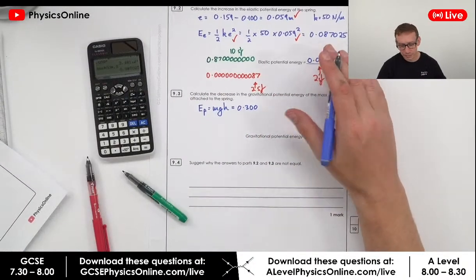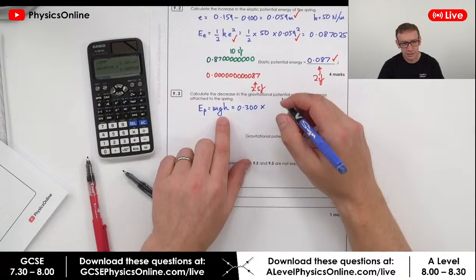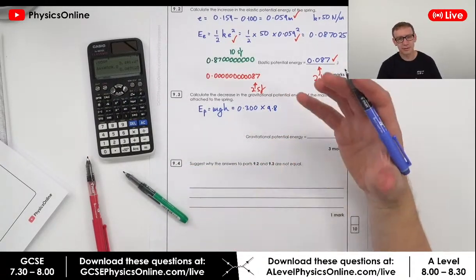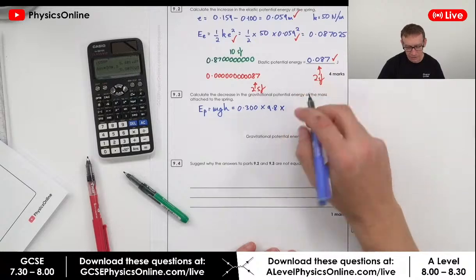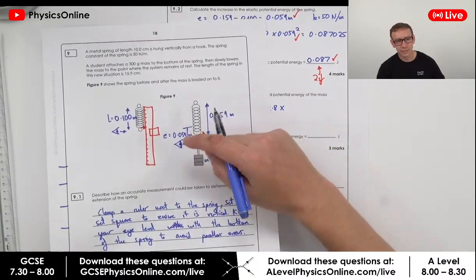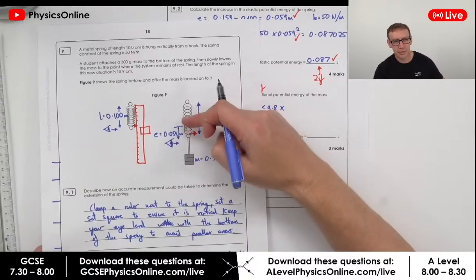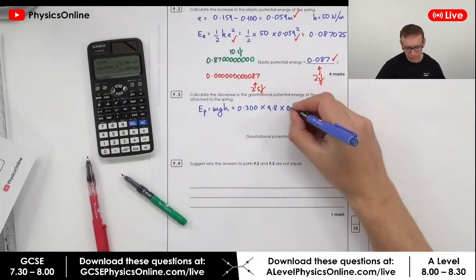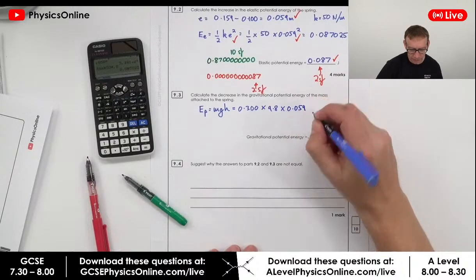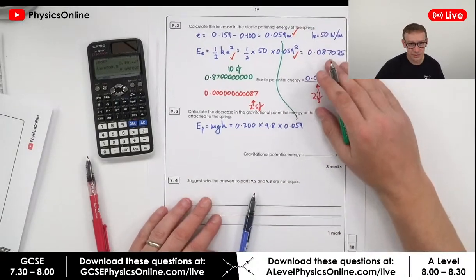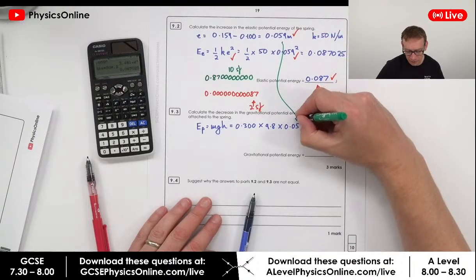We're going to multiply that by g, the gravitational field strength, which is 9.8, so the acceleration due to gravity, and the height that it goes through, the change in height, is going to be equal to the extension. So the spring extends by 0.059 meters, so the mass gets lower by 0.059 meters. So this number here is just the extension that we worked out up here.